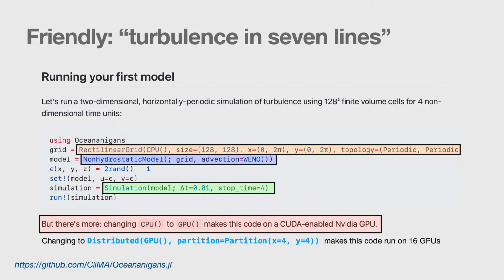Now, it's not as simple as switching CPU to GPU, because with distributed, we leverage the MPI package. So there's this extra complication of making sure that MPI is configured correctly, that in this case you have a CUDA-aware MPI, and that you launch the Julia instance with mpirun or srun or whatnot. So it's not as easy, but we strive to make it that easy. So in general, our idea is that the script should not change. Only one argument should change to have distributed computations.